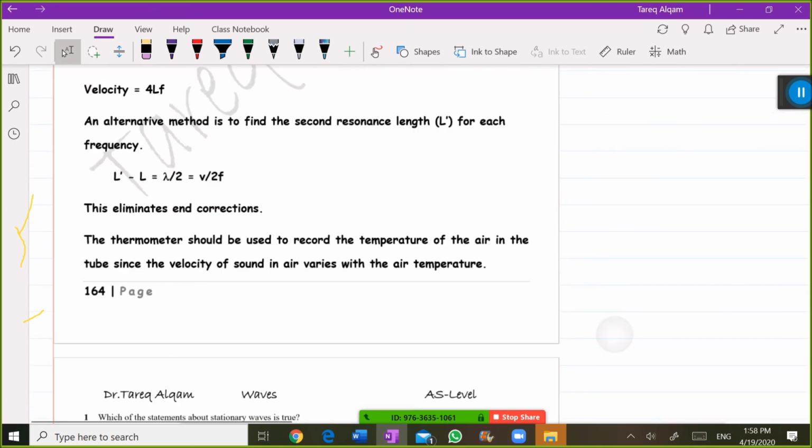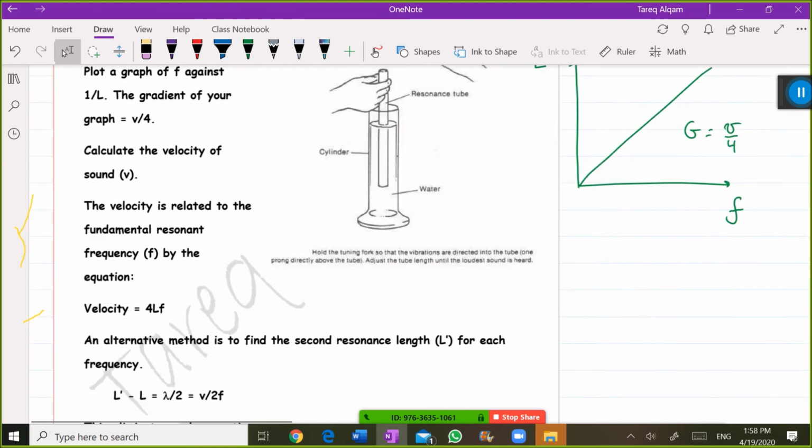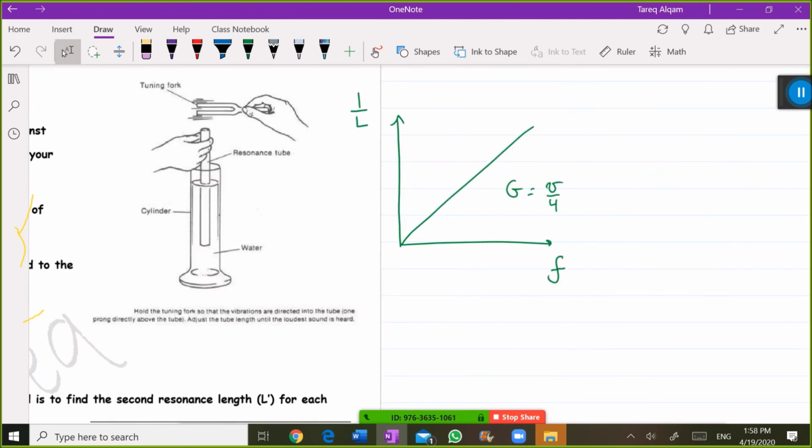Okay. Before starting with the questions, let me show you how we do this. You know this, guys. Let me start from this. Frequency equals what? Velocity over lambda. Clear? Lambda equals what? 4L over N. Since we will consider the first order, lambda will always be 4L.